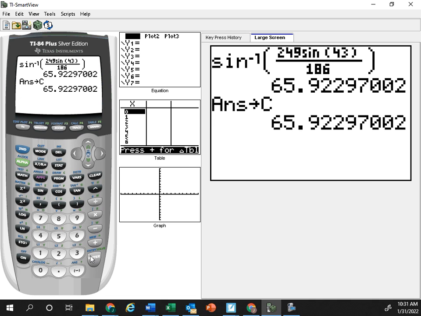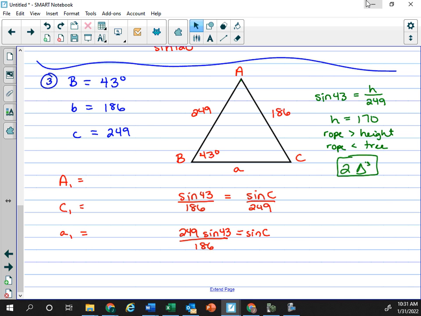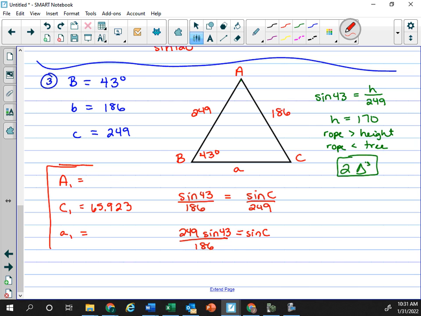Okay, so let me go back, jot that down. 65.923. So how do I find angle A? Yeah, so we've got to do the 180 minus 43 minus that angle C you just stored.